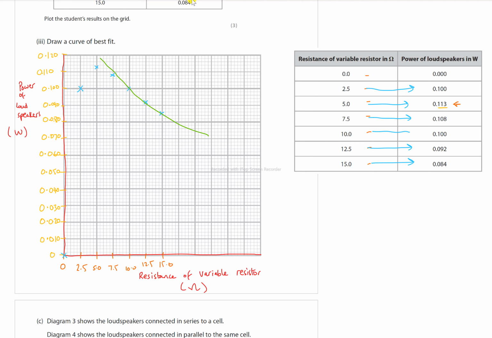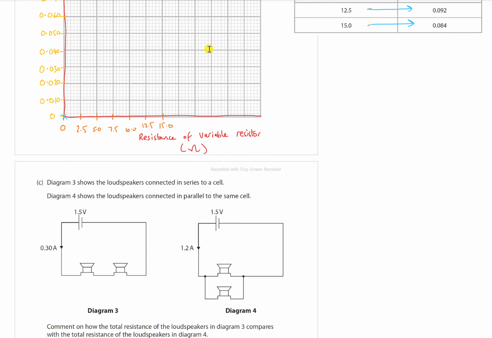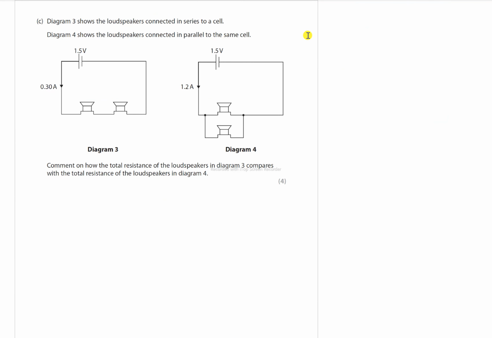Right, single curve with a peak within one large square of the third point. Yep. And then yeah, I suppose you could do that. Right, okay, I'm not too sure on that one. We'll have to ask somewhere. Right, okay.